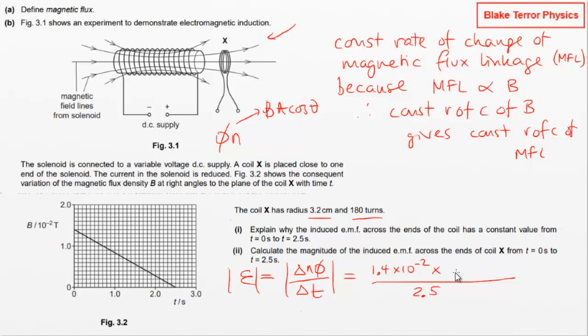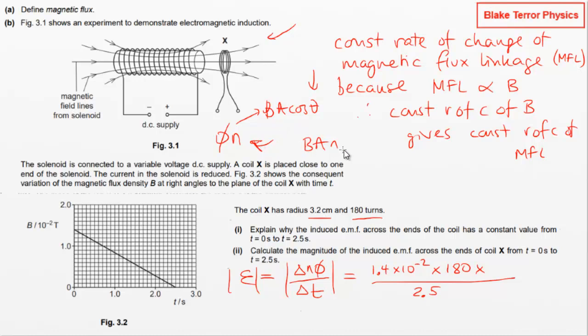Then we need to multiply by the number of turns and the area of the coil. So number of turns is 180. That is our N bit, because we're doing B times A times N. Theta is 0, so our cos theta comes out as 1.